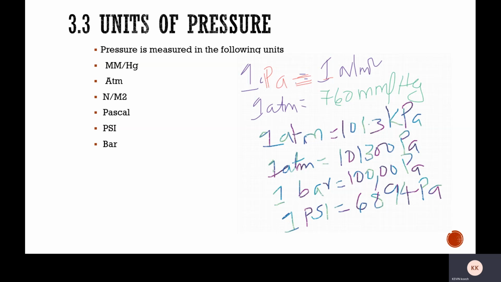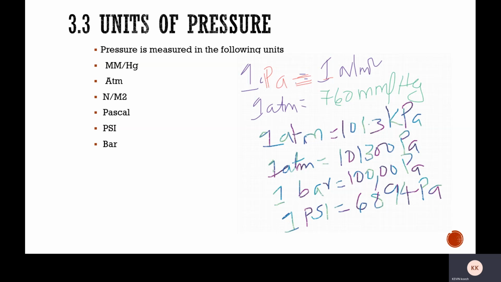Normally you know this is 760 millimeters of mercury. Number 3, atmospheres. You may give pressure in terms of atmospheres, which is ATM. Number 4 is Pascal, which you can give in terms of Pa.